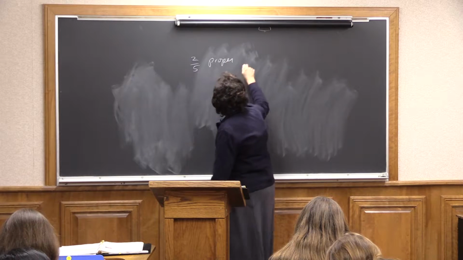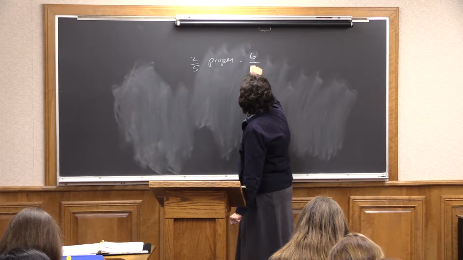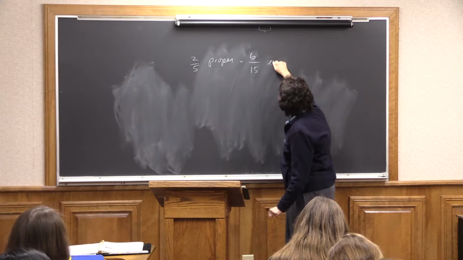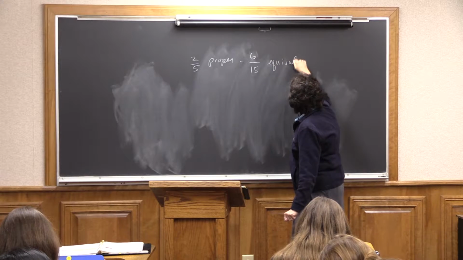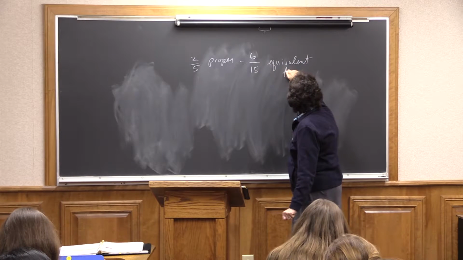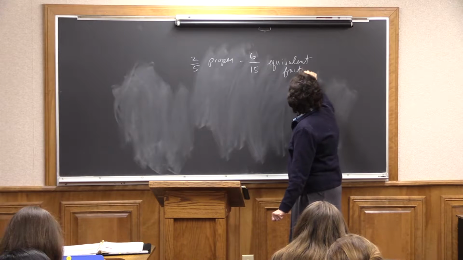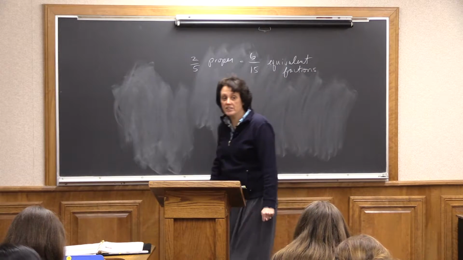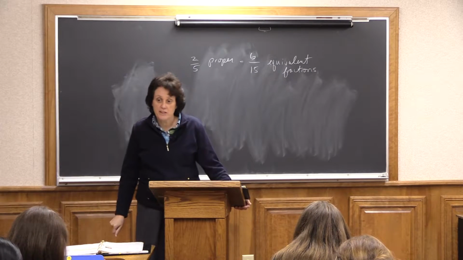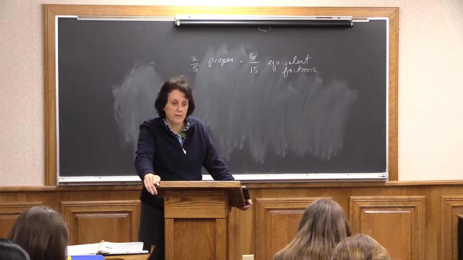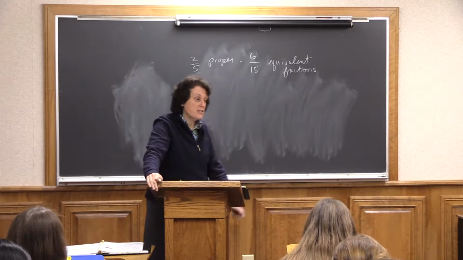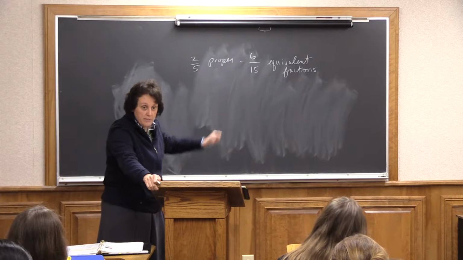And when I formed 6/15, I formed an equivalent fraction, 2/5. So I have to have the same terminology, and now you have to have the same terminology that I'm using. It's the law of language. So proper fraction, and then equivalent fractions.